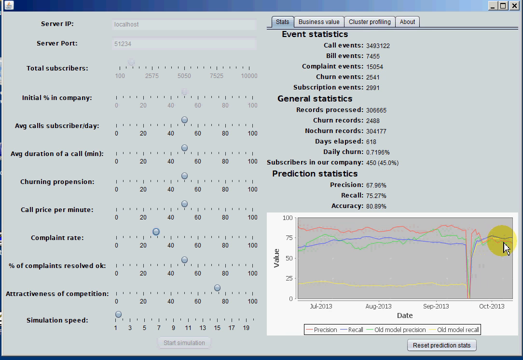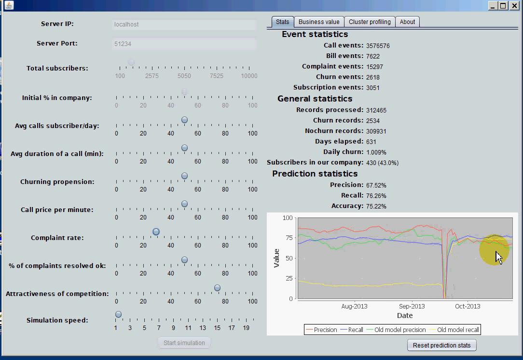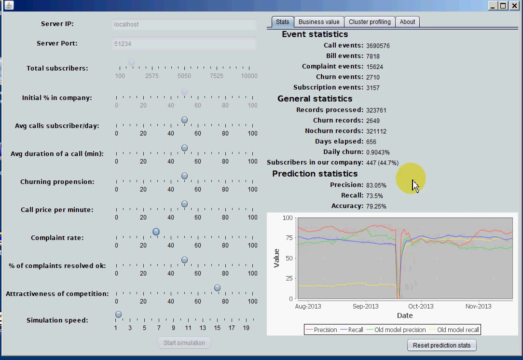But the new model catches up soon to the previous level, while the performance of those that got frozen will degrade quickly as soon as customers start behaving in the long term with the new rules. Also, we should see that the number of users in our company has gone down a little bit.